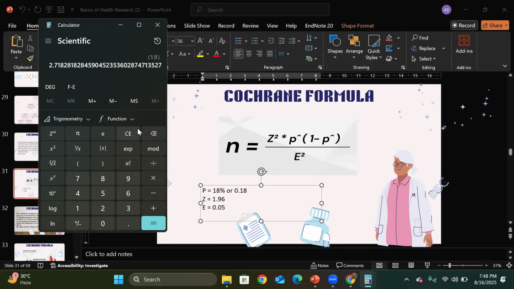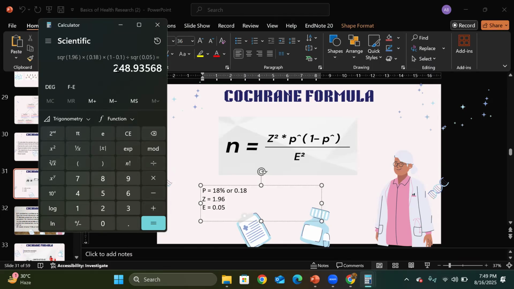Sorry, I guess I have to do it again. 1.96 squared into 0.18 into 1 minus 0.18, over 0.05 squared. We did it wrong. You can see the mistake that has happened. I have put 0.1 here, but it's okay for now.